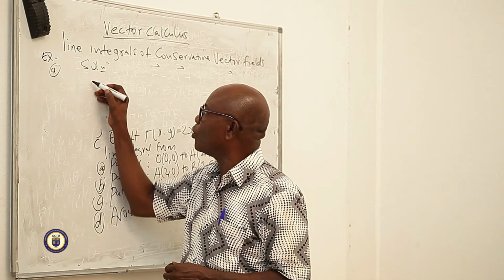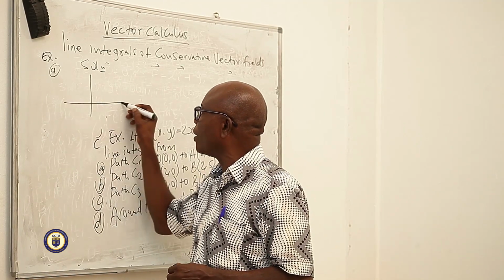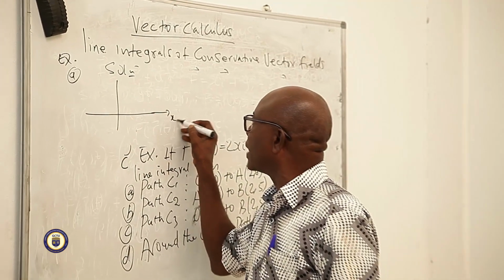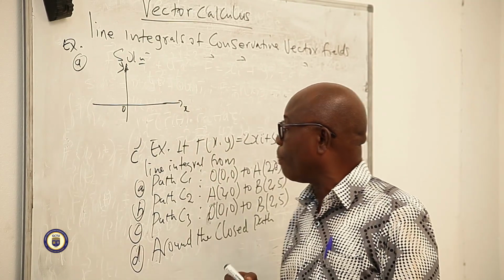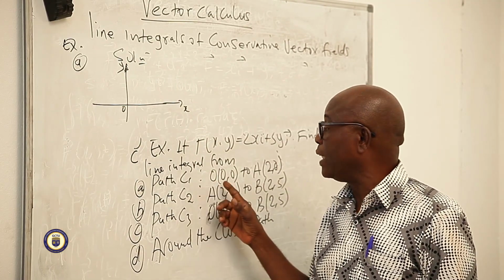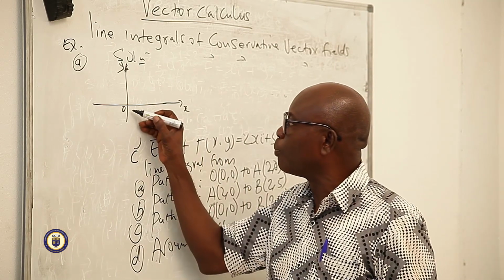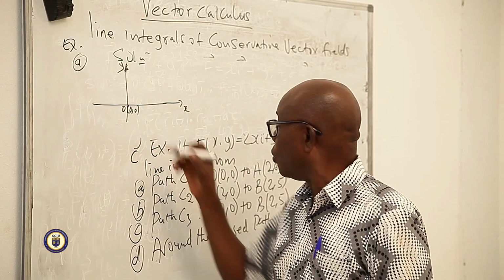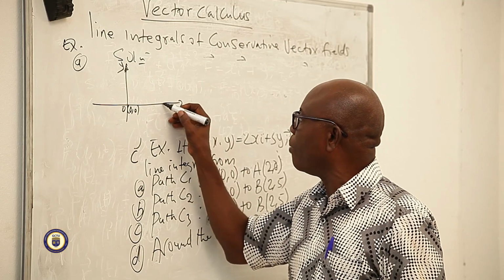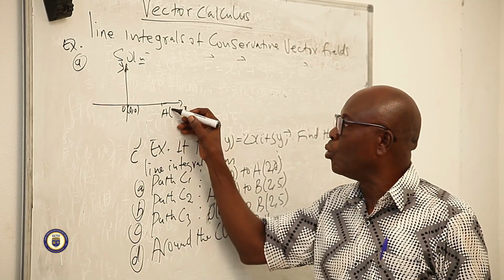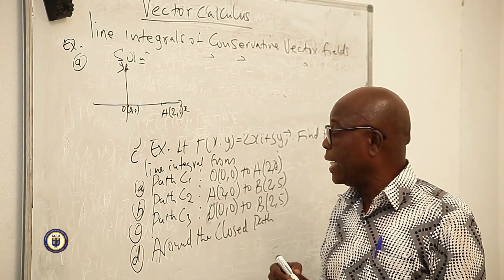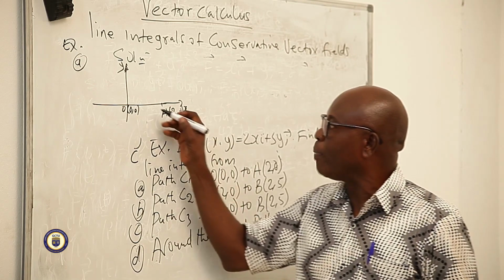So let's draw the Cartesian plane where we have the x-axis and the y-axis and 0. And so the path C1 is from the point 0, 0 to the point A. Point A has coordinates 2 and 0. And this path is C1.